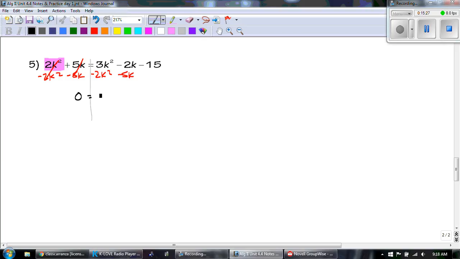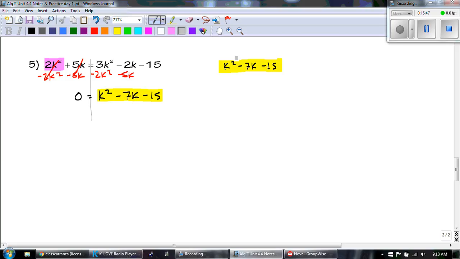Three minus 2 is 1k squared. The negative 2 minus 5 is a negative 7k, and then negative 15. So what we do is we take this, and that's what we're going to factor. So the k squared minus 7k minus 15.